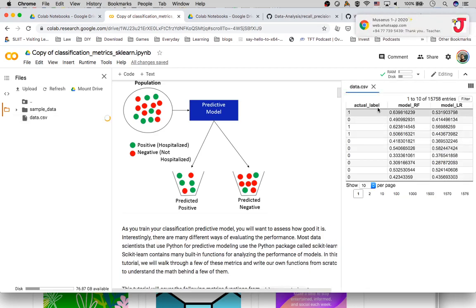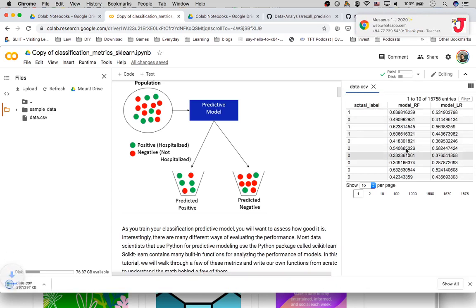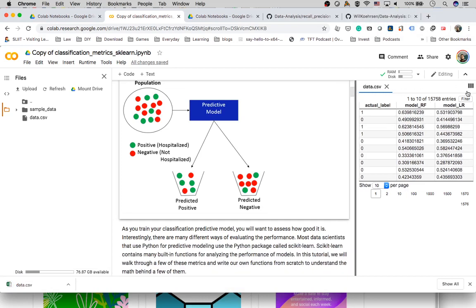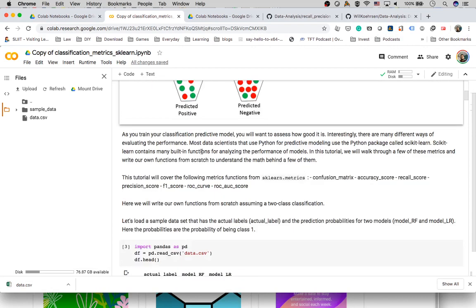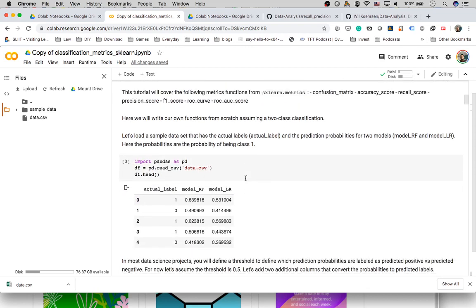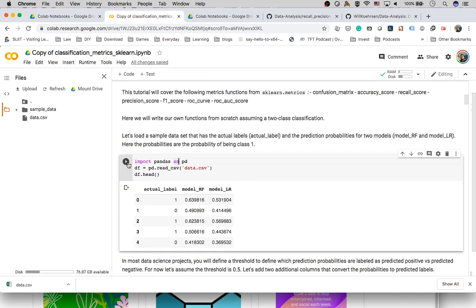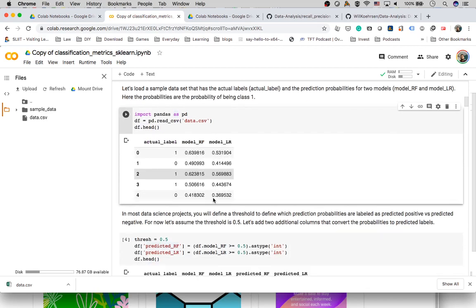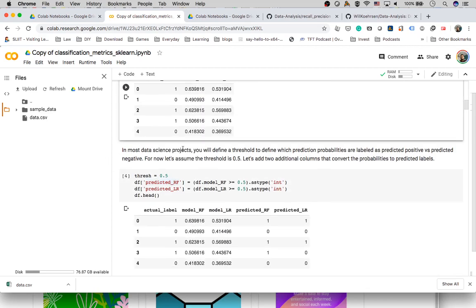you have it here. This is basically the important information. Close this. As your classification predictive model, and so on, it has all the details, so I'm not going to read it. Basically you can read this from pandas. You can get the labels and the models, and then you can carry on.